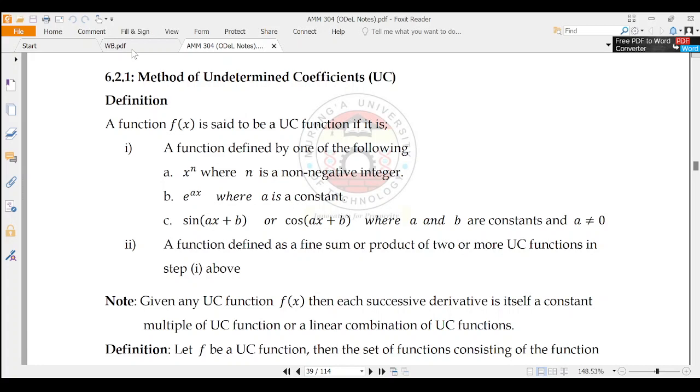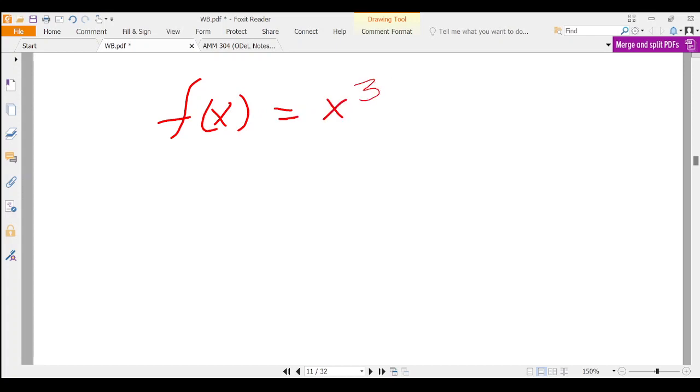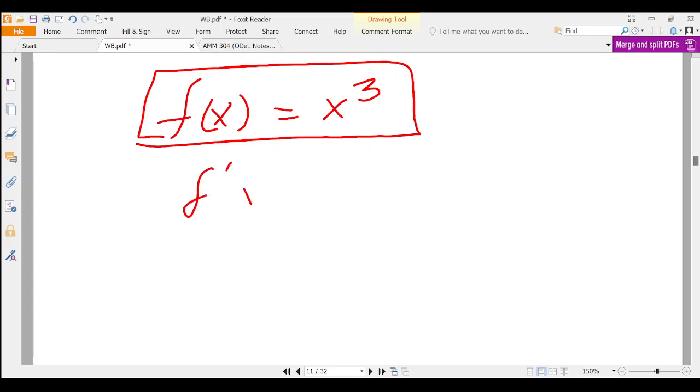So if we have a function such as f of x is x raised to power 3, this one is a UC function. If we differentiate this, we get 3x squared. So x squared is a UC function, and the derivative f prime is therefore a constant multiple of a UC function, that is 3 times x squared.